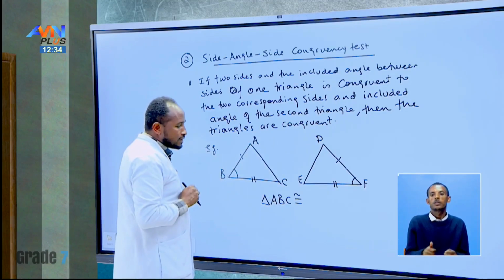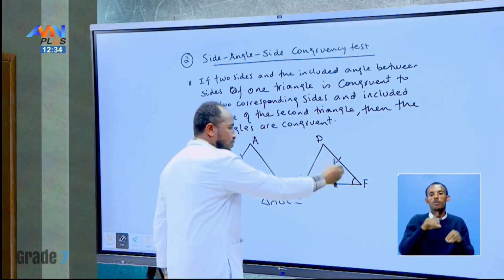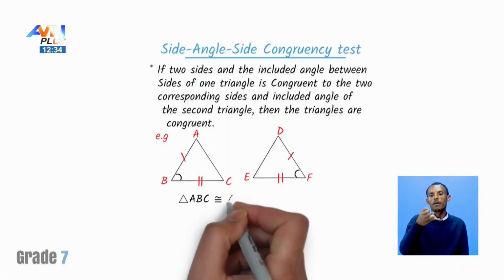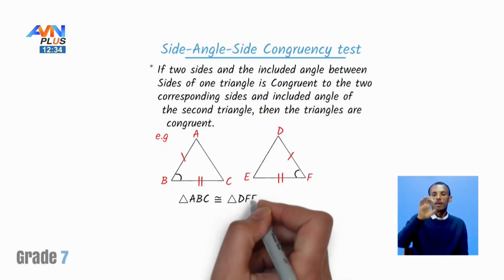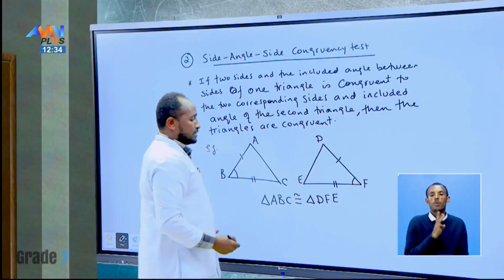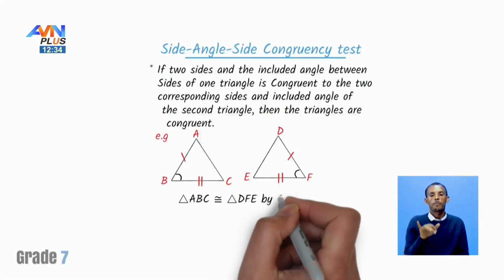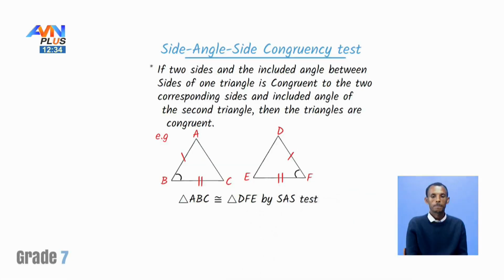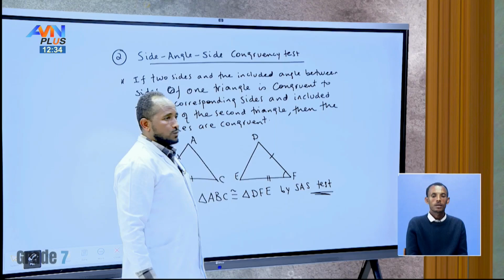So you move in the same order for this one also, from mark 1 to mark 2, DFE. Therefore, it is congruent to triangle DFE. We call this congruency test the side angle side congruency test. Now let's see an example for this one.